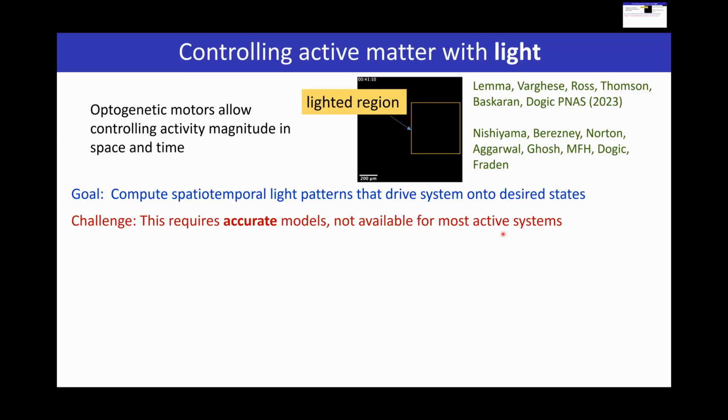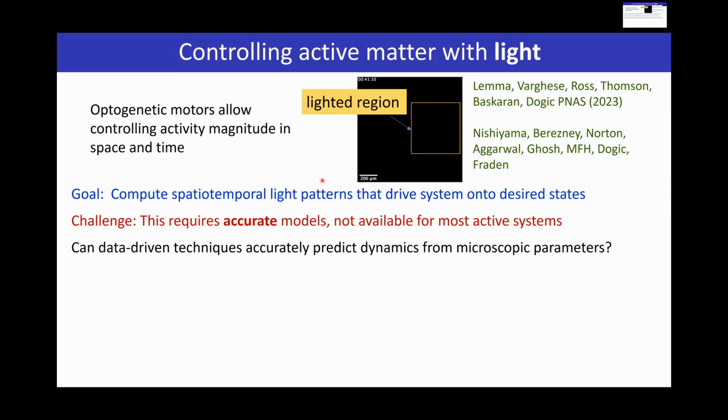And for the vast majority of these active systems, that is hard because they are in general very complicated, but also because they're far from equilibrium. And so you don't have analogs of free energy or separation of timescales, et cetera.